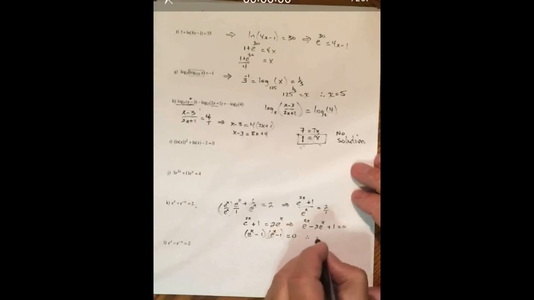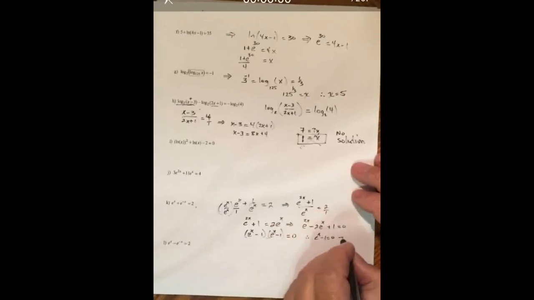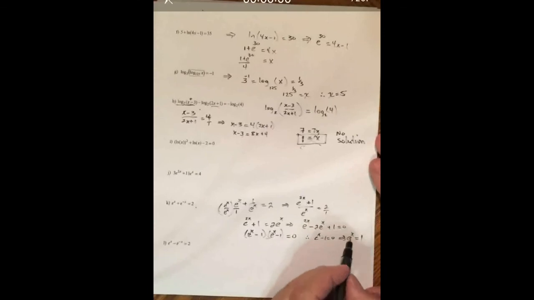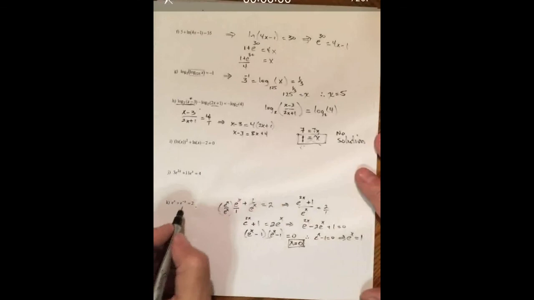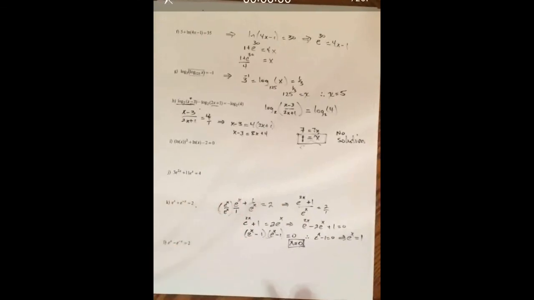Therefore, we have e to the x minus 1 is equal to 0. So e to the x equals 1. And what is the only power you can raise e to get 1? That's right, 0. So this original equation is just 0. That's a crazy problem, isn't it?